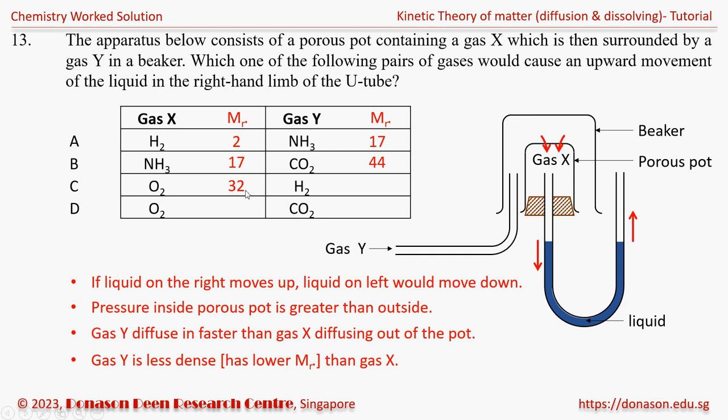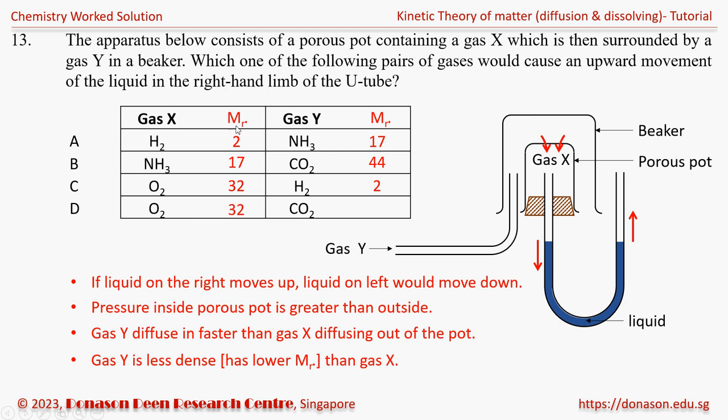So it has a relative molecular mass of 32, and hydrogen has a relative molecular mass of 2. So obviously at this stage we can see gas Y is less dense compared to gas X. So this is the right option, but anyway, let's work out option D as well.